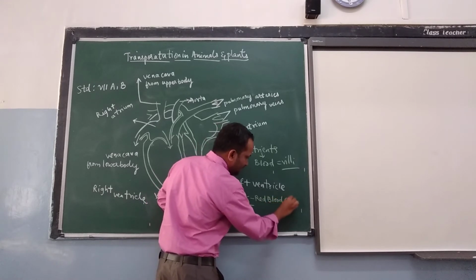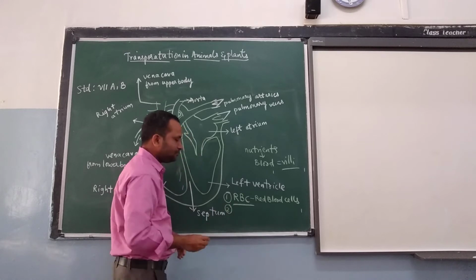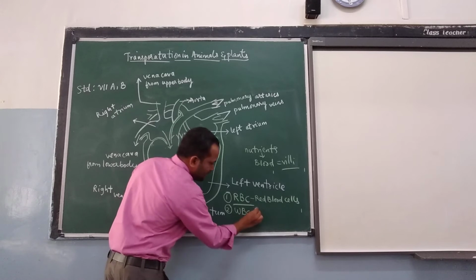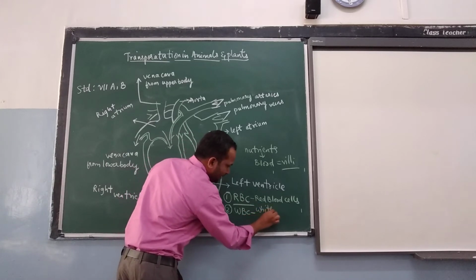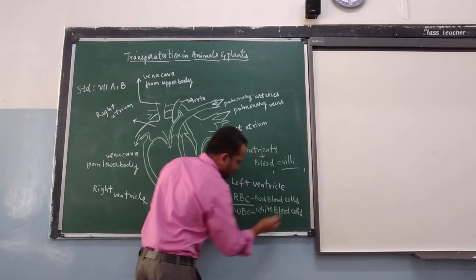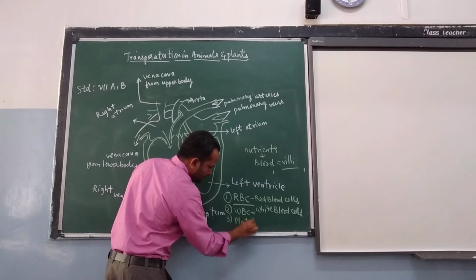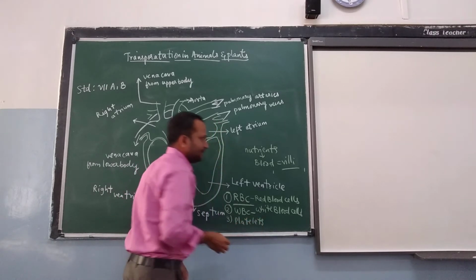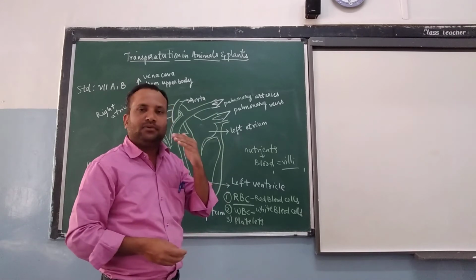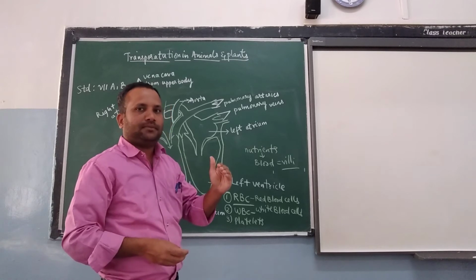Second one, WBC. WBC means white blood cells. Third one, platelets.